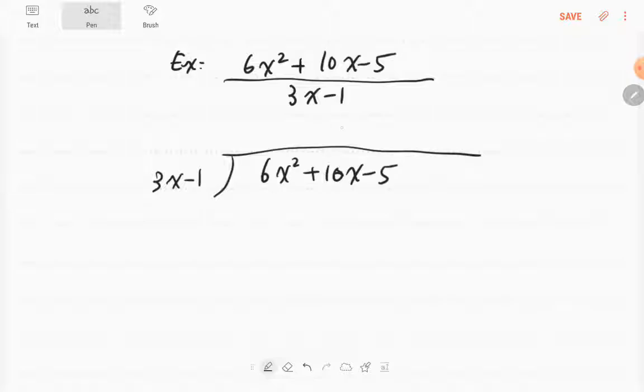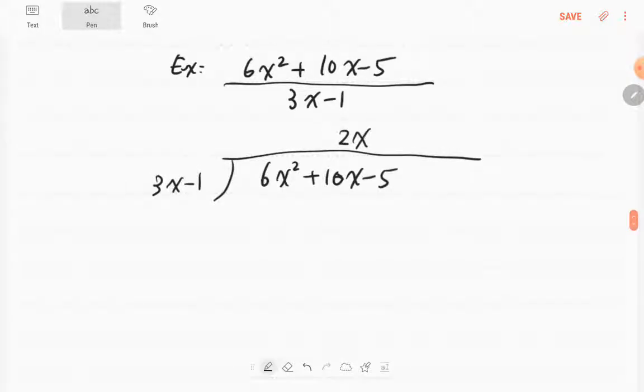So the first term in our quotient will be 2x, right? But where should I put my 2x? Remember, we should line up the like terms. So this column is for the x term, so we should put our 2x above 10x.